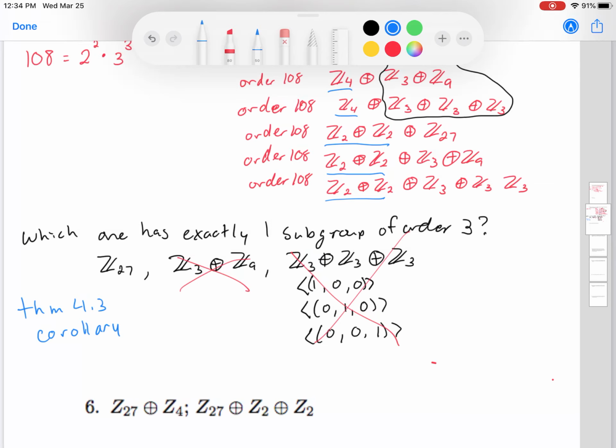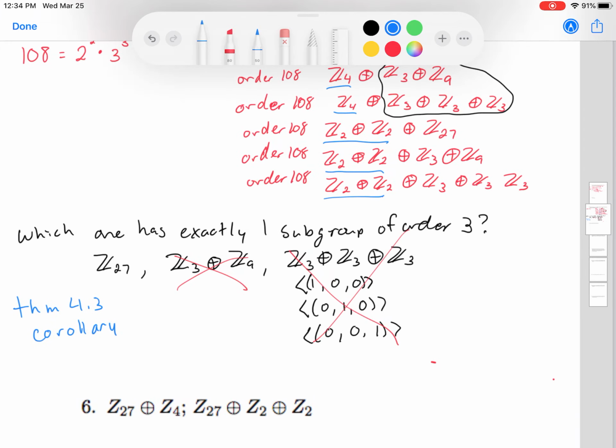We would know that Z27 has specifically only one subgroup of order 3, which is generated by 27 divided by 3, which is 9. So this would be our subgroup that's order 3.